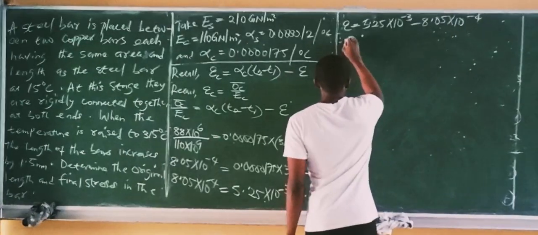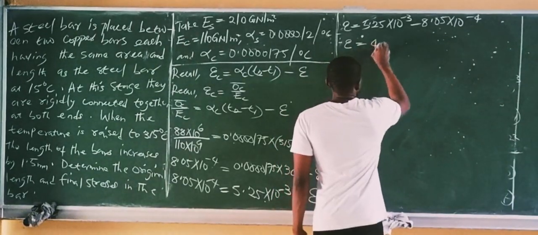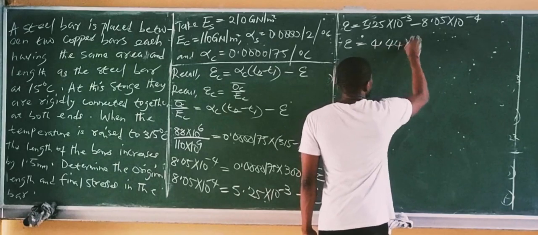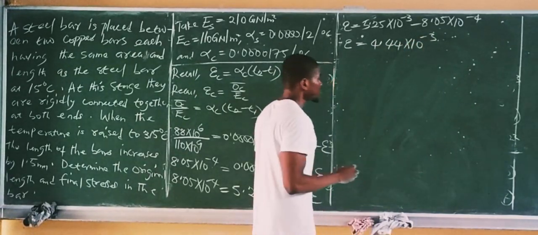The common strain is therefore 4.44 by 10 to the power of minus 3.